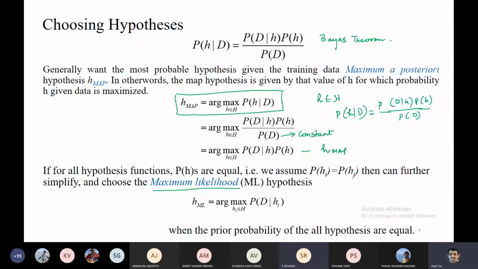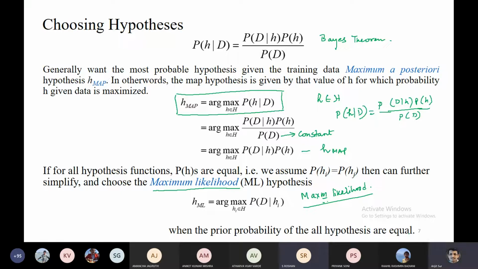Then H of ML is argmax of P of D given Hi, so any Hi you can take, and we can omit the prior this time. This is the expression of maximum likelihood, which we use very frequently in different vision or machine learning applications, the maximum likelihood estimate, MLE. The important thing is that the prior probabilities of all hypotheses are equal.